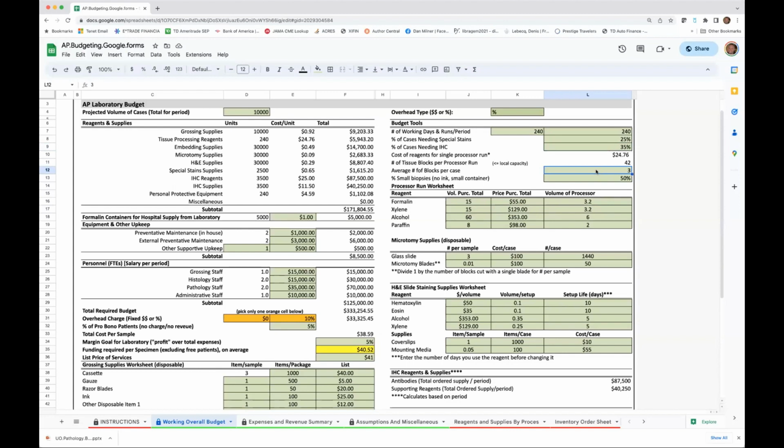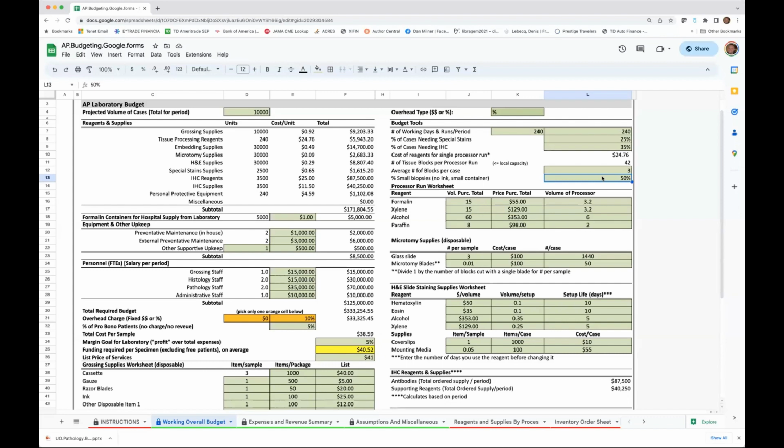And then the last block in the budgeting tool is the small biopsies, okay? If you are primarily an academic lab that's doing all the major surgeries for everybody around you, like a tertiary care center, maybe you don't get a lot of small biopsies. Maybe you only get colons and lungs and breasts and legs and large samples. And that's the bulk of the work that you do. And so your percentage of small biopsies is small.